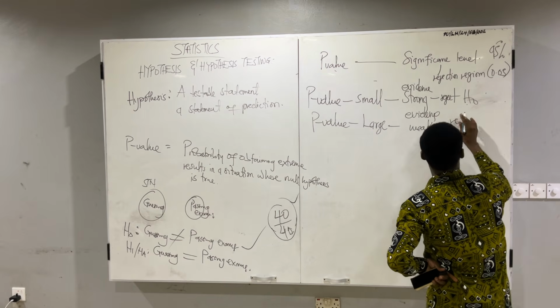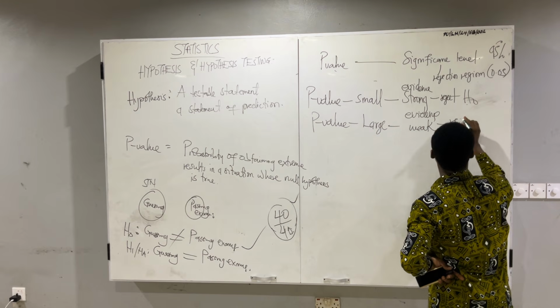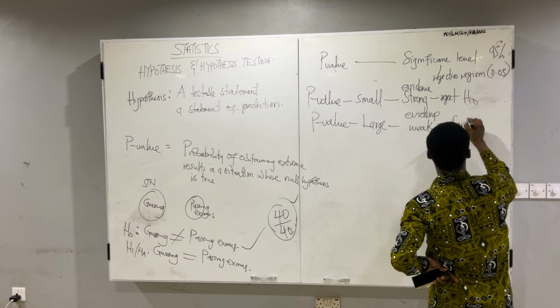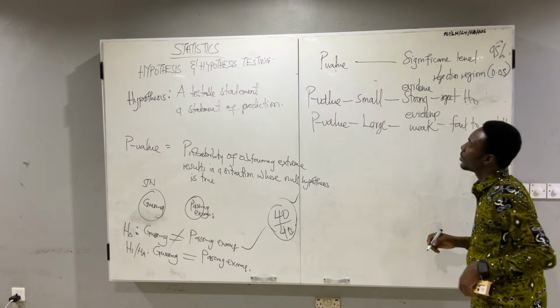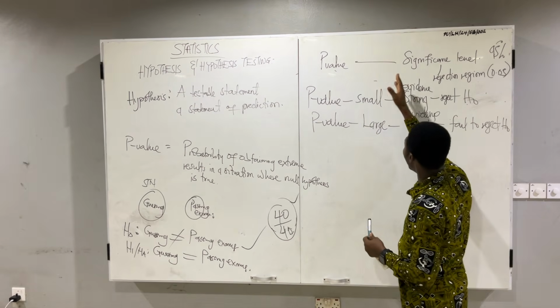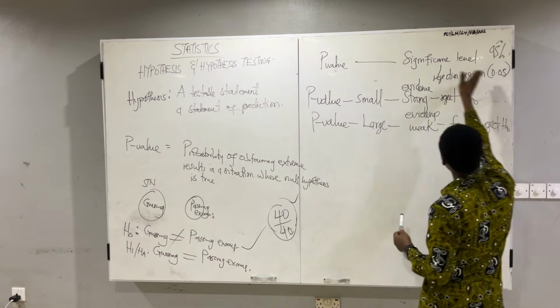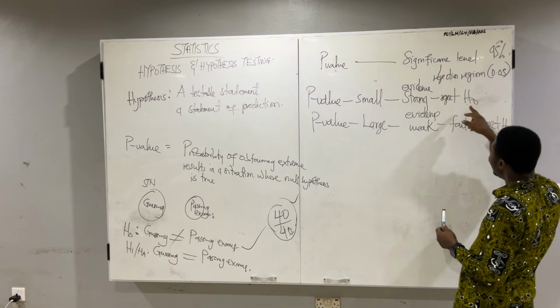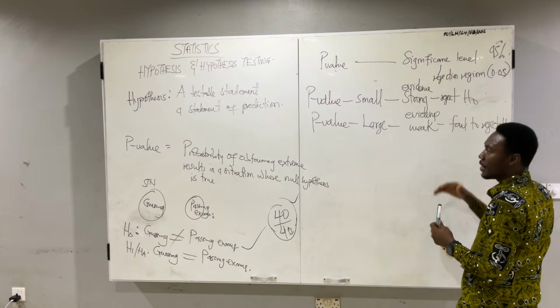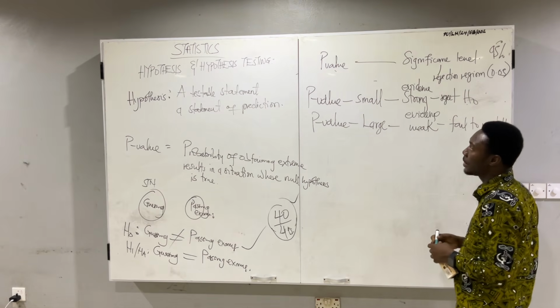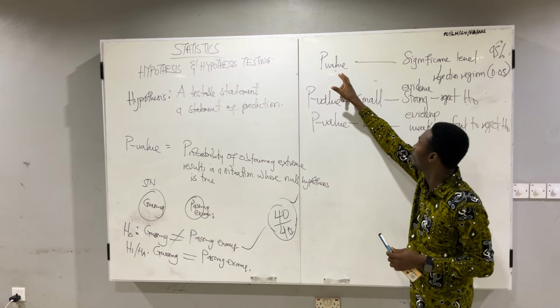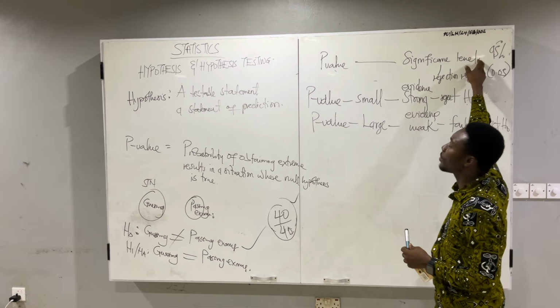You fail to reject H naught. Okay, so for example, if you have a p-value that is coming closer to the rejection region, it means you have to reject H naught. But if the p-value is large, it means the evidence is weak, so you have to fail to reject the null hypothesis. But remember, we always compare the p-value to the significance level.